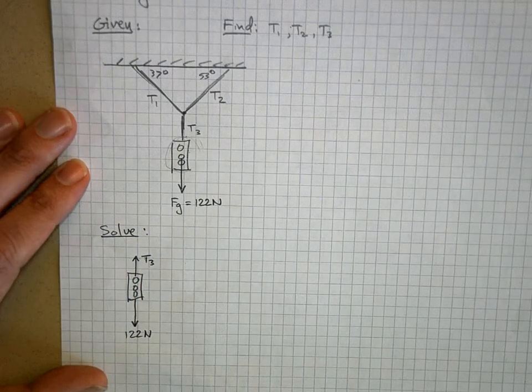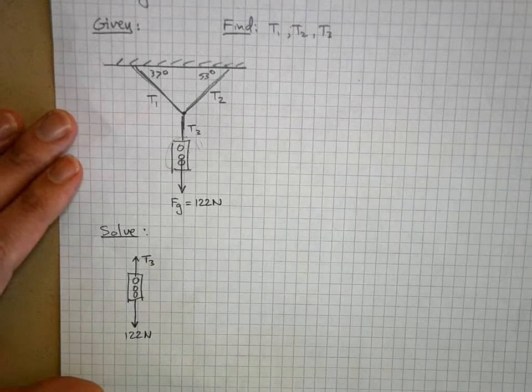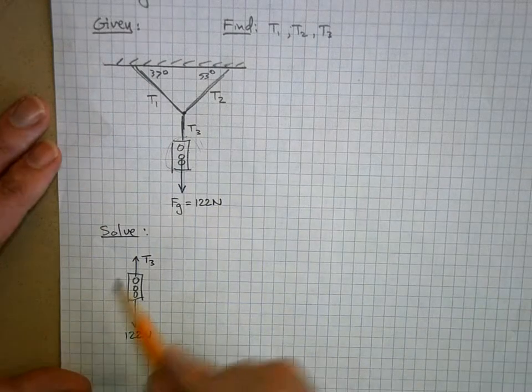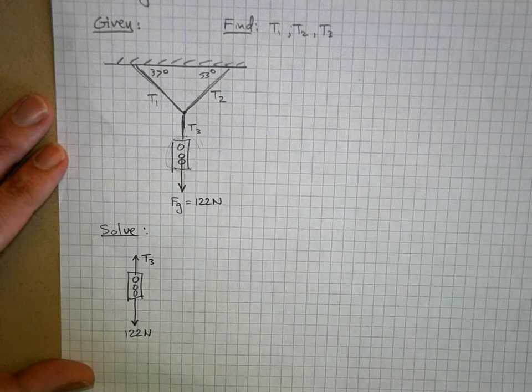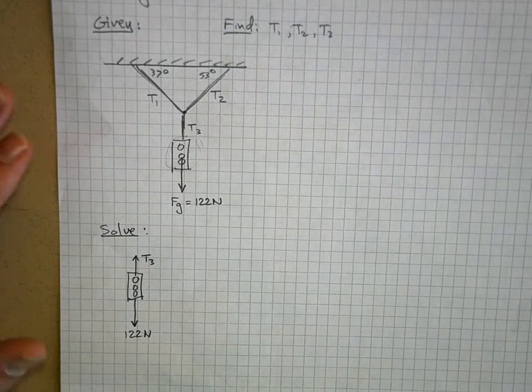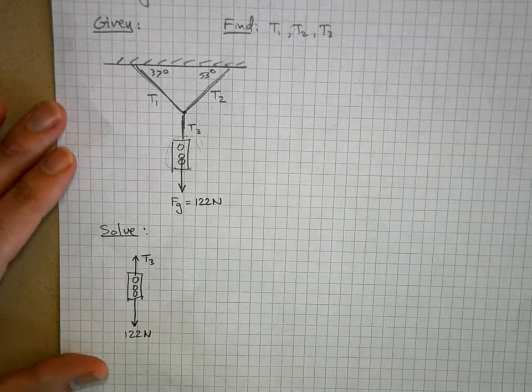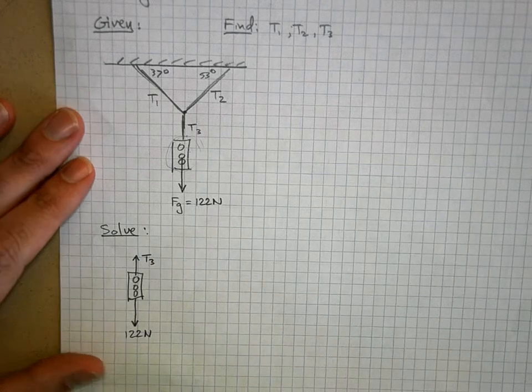Now, what do we know is true about that? That's step 2. Now, step 3 for this object is to identify an X and Y axis.